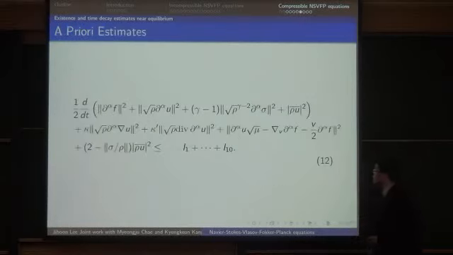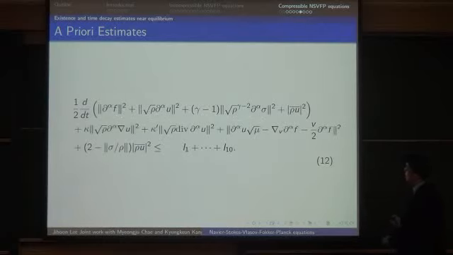Let me introduce some a priori estimates to obtain existence. If we consider small data, we would like to obtain global existence of solutions, as a small perturbation of the equilibrium. Actually these are standard a priori estimates.